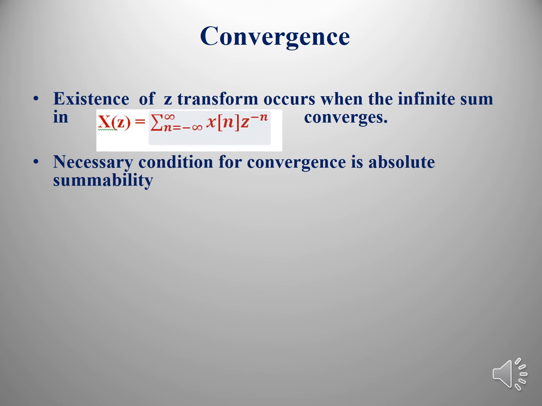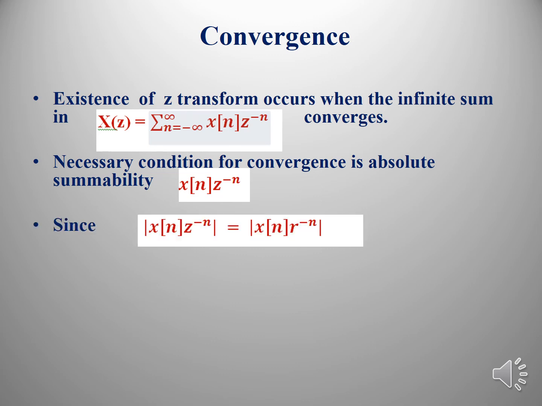The necessary condition for convergence is absolute summability, as could be seen from the previous cases where we have discussed the concept of stability for linear time invariant systems. Hence, x of n z power minus n's absolute summability needs to be analyzed.